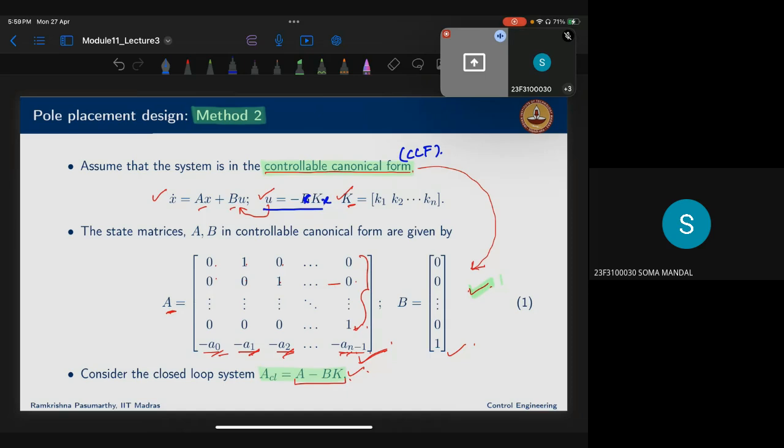In controllable canonical form, the A matrix and B matrix can be written like this, given the differential equation, you remember that.